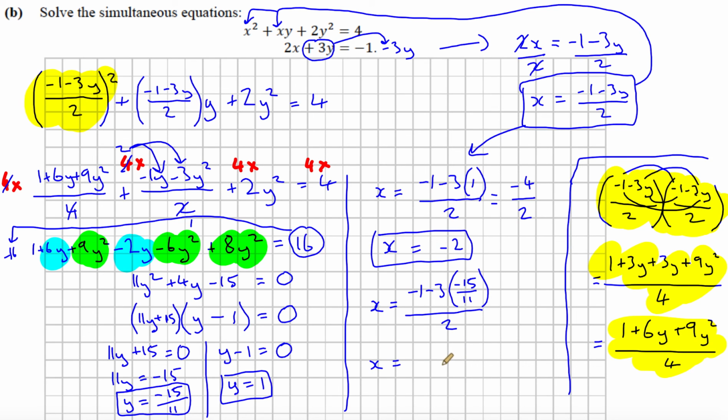And that's leaving me with 17 over 11. So there's my two y values and my two x values. So I've solved the simultaneous equation, and that's the end of part B and the question.